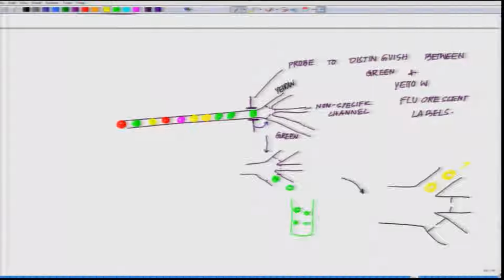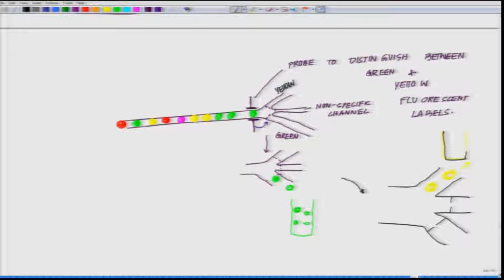So now you have a collection vessel where you are collecting all the green ones. Similarly, if a yellow one is coming through, what will happen in real life? This gate will remain closed, this will open, and the yellow cell will move here, and you can collect all the yellow cells in your bucket.